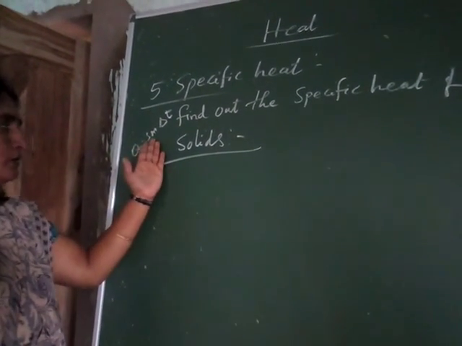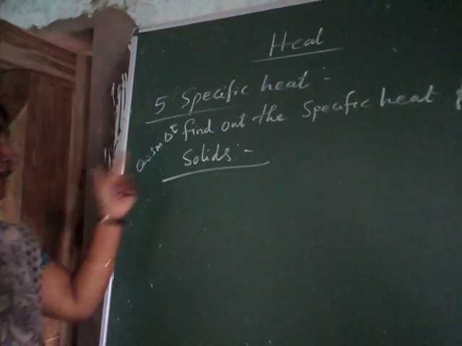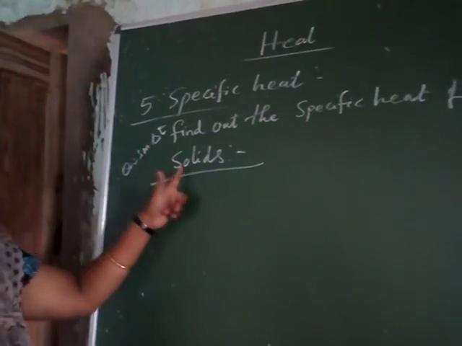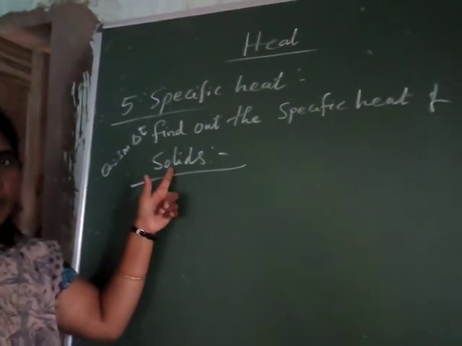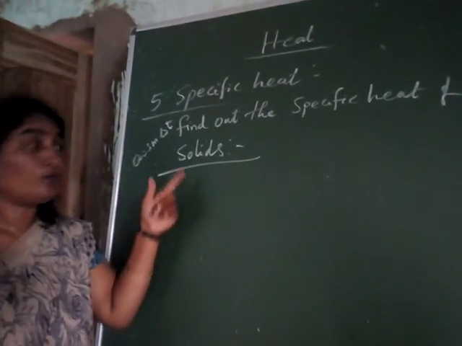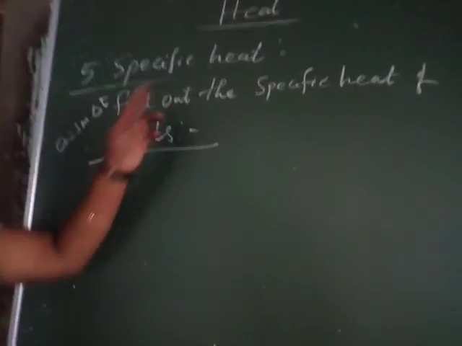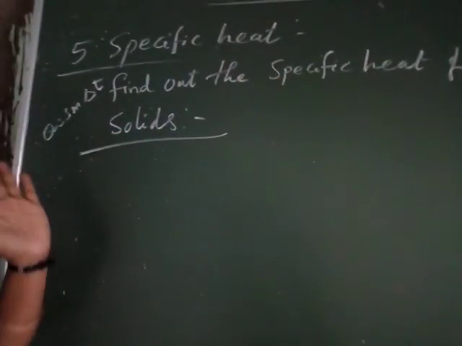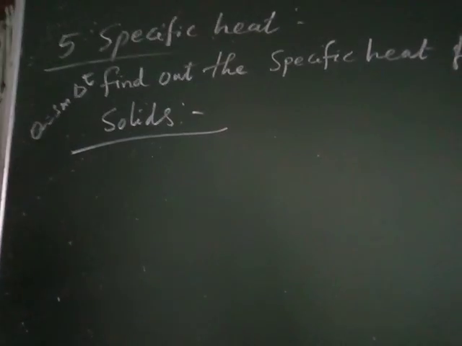But how can you find delta T for solids? We can't, because we cannot keep a thermometer on solids. That's why we need another method for measuring the specific heat of solids. That method we are discussing now.